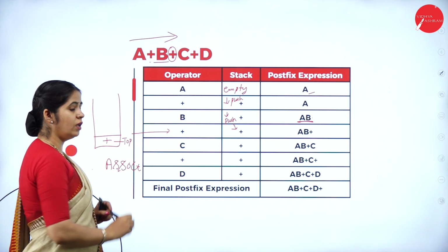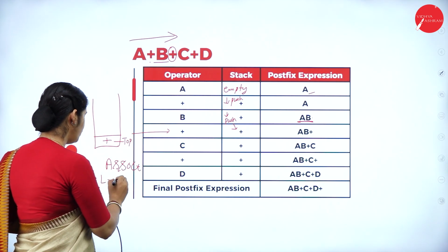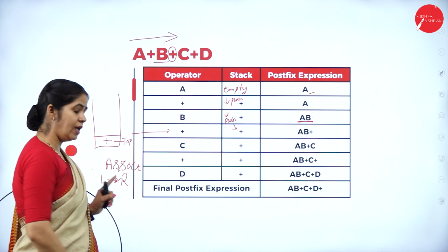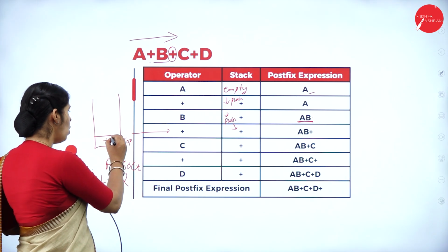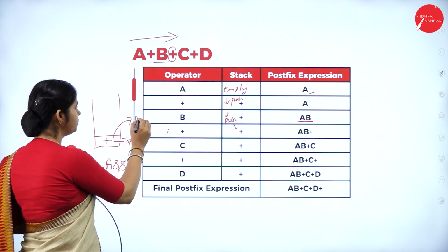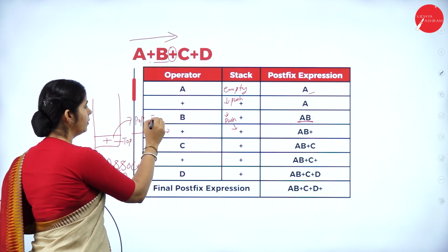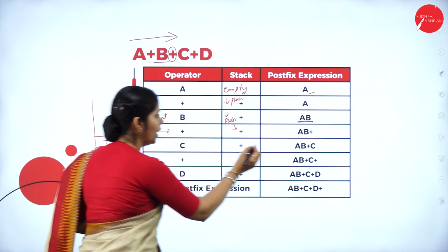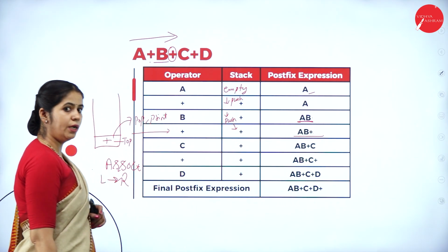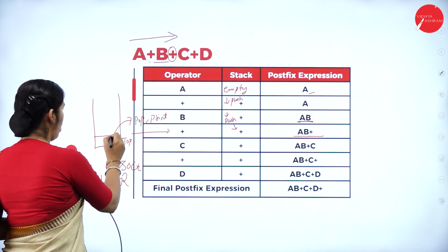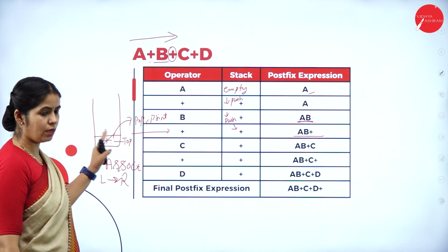The associativity of plus is left to right. If the associativity is from left to right, we have to pop this out and print. So we are popping the plus out of the stack and printing it here.